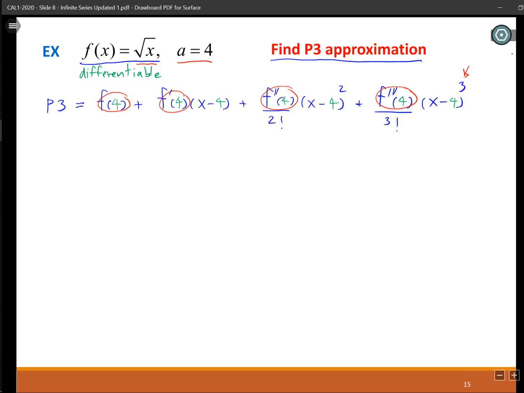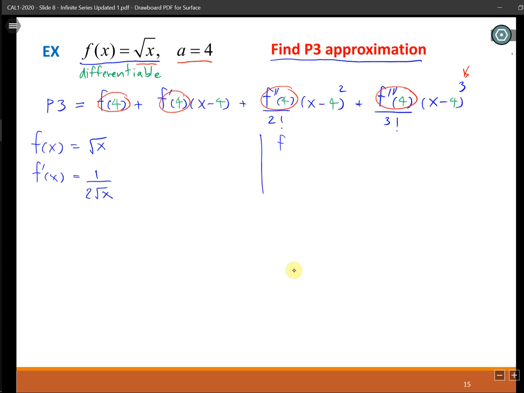So let's find them. Let's start with the first one, that is f of x, and that is equal to square root of x. If we differentiate this one time, we get f prime of x equal to 1 over 2 square root of x. And since we need the second derivative, let's differentiate this again.